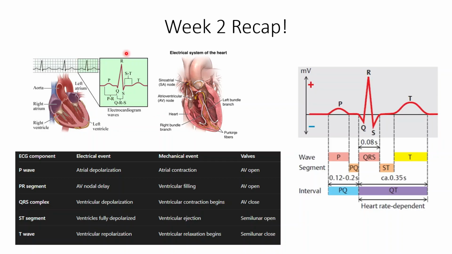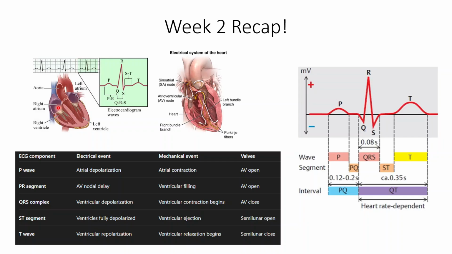So coming back to what each of these components of the ECG wave means. I'm sure you remember that the P wave is representative of atrial depolarization. So what does that mean? It could be atrial systole also, right?